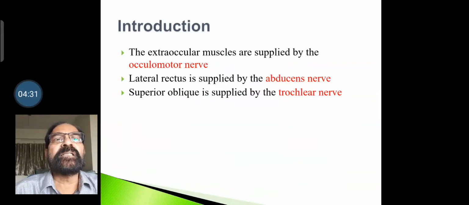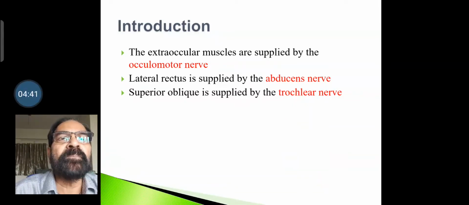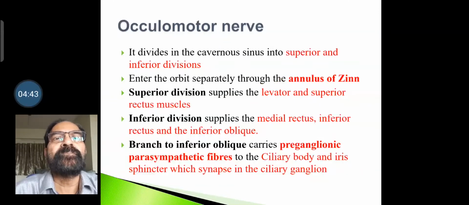The extraocular muscles are supplied by the oculomotor nerve, except lateral rectus, which is supplied by the abducens nerve, and superior oblique, supplied by the trochlear nerve. Oculomotor nerve. It divides in the cavernous sinus into superior and inferior divisions, which enter the orbit separately through the annulus of Zinn.